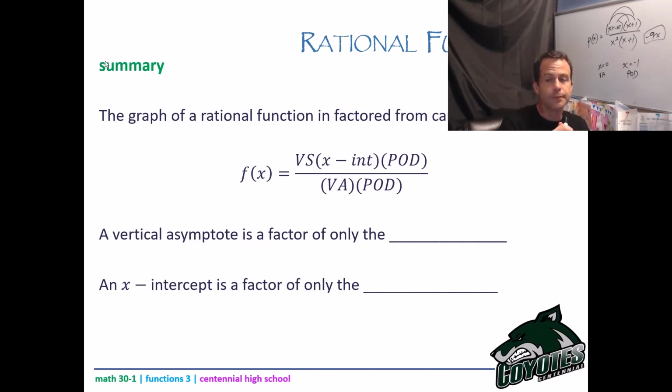That's okay. A factor that's shared on both the top and the bottom will be a point of discontinuity, and a factor on the bottom by itself will be a vertical asymptote. Okay, so a vertical asymptote is a factor of only the denominator. An x-intercept is a factor of only the numerator.